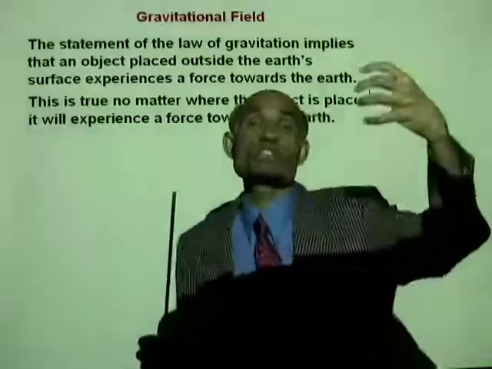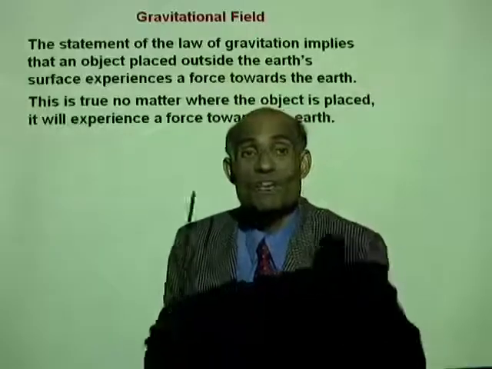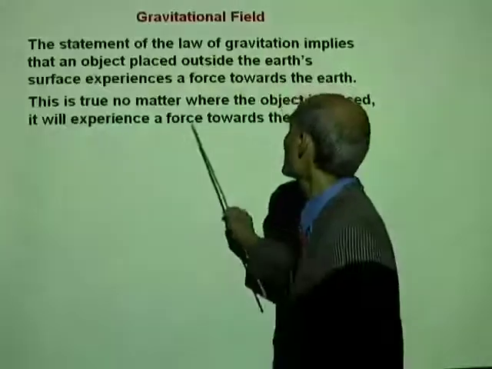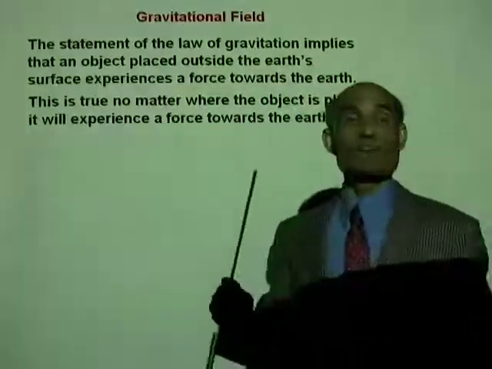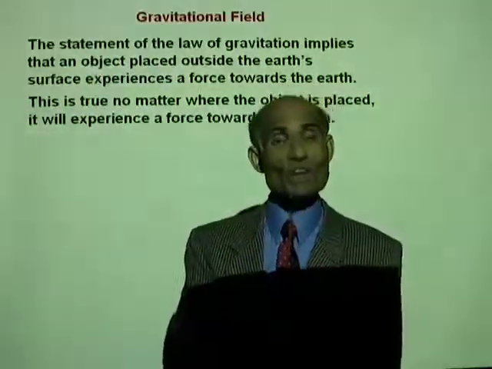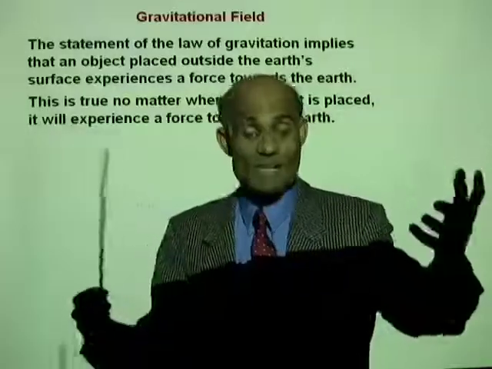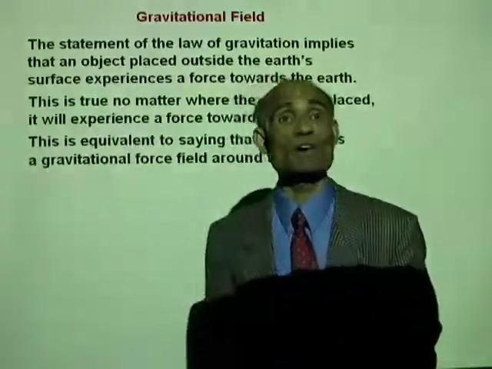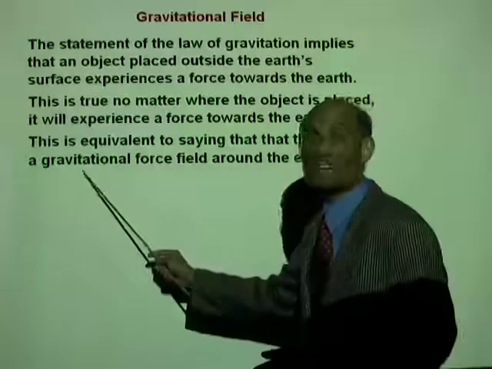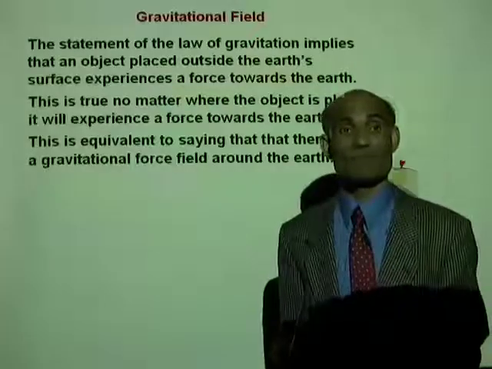If the object is taken to an altitude h, it will experience a force towards the Earth. That means the three-dimensional space surrounding the Earth where it will exert a force on other objects is the gravitational field of the Earth. This is equivalent to saying that there is a gravitational force field around the Earth.